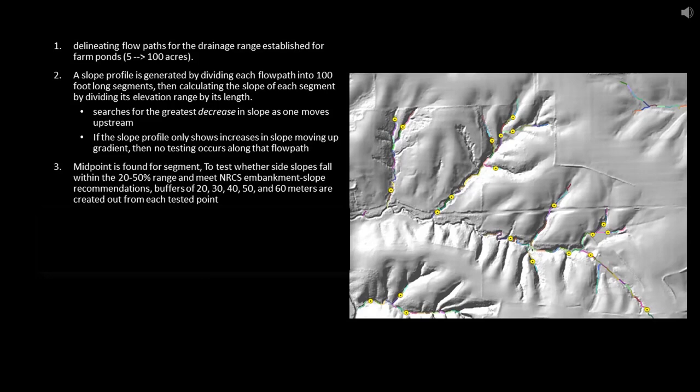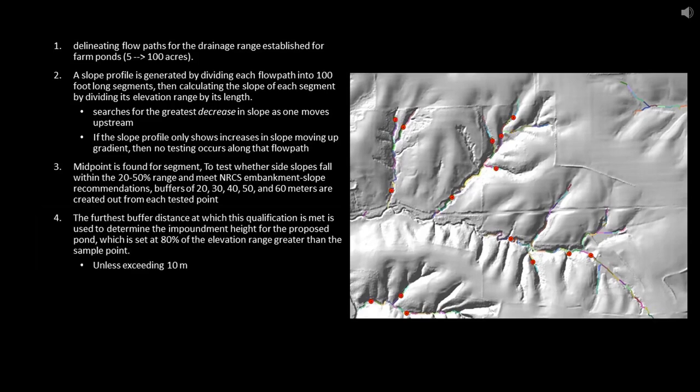This ratio is used as a proxy to estimate the side slope of that location. The furthest buffer distance at which this qualification is met is used to determine the impoundment height. This will be set at 80% of the elevation range greater than that sample point. However, if that 80% value exceeds 10 meters, it is reduced to the maximum impoundment height of 10 meters.